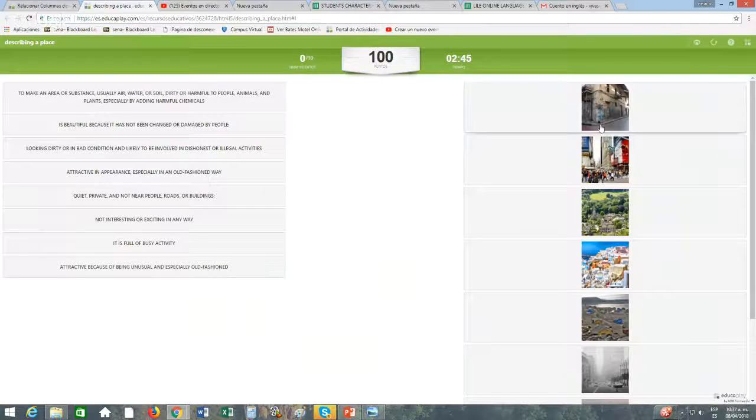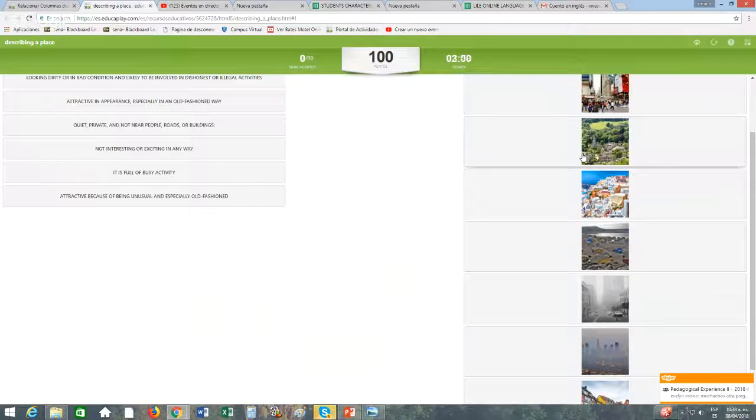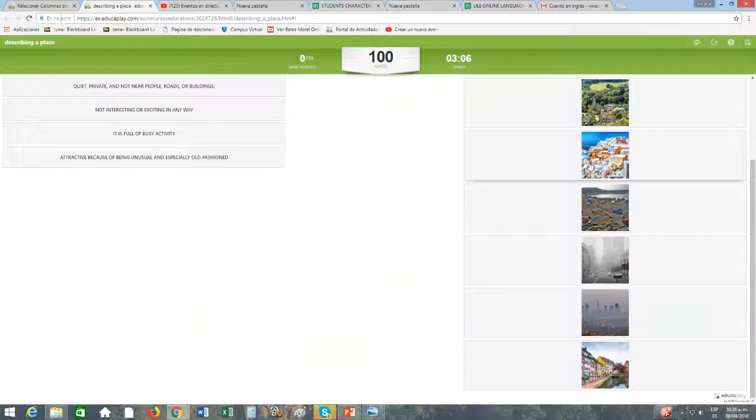The first one is a building with graffiti and a balcony, which is almost destroyed. The second picture, we have a lot of people around, like New York City. In the third one, we have a far place with a lot of trees around, like a forest. The other, we have a hill with many houses around.